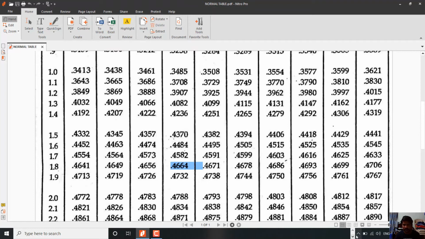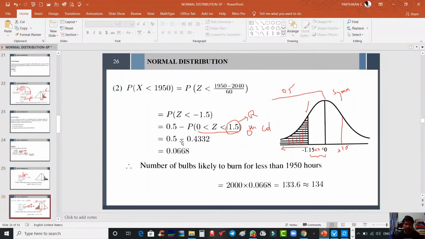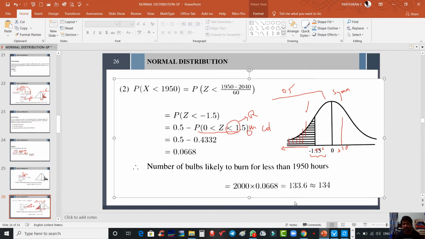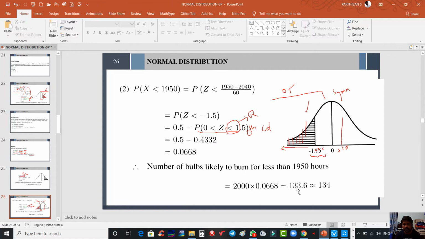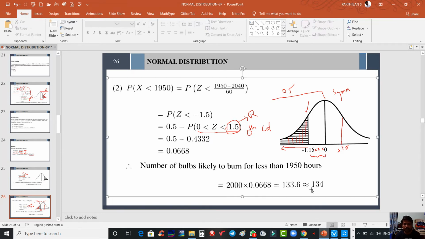Simply substitute this value: 0.5 minus 0.4332 gives 0.0668. The lot is given as 2000 bulbs, so multiply this probability value with 2000. Then we get approximately 133.6, which is approximately 134 bulbs.